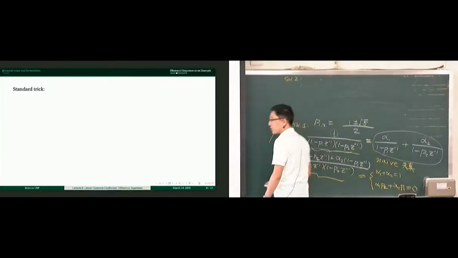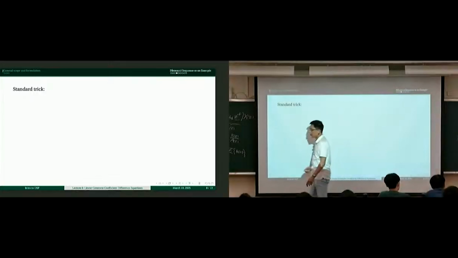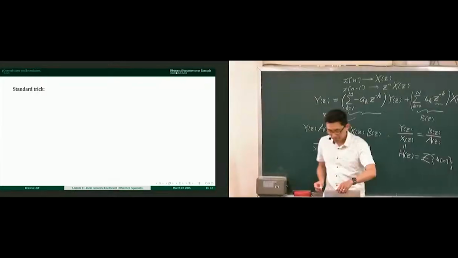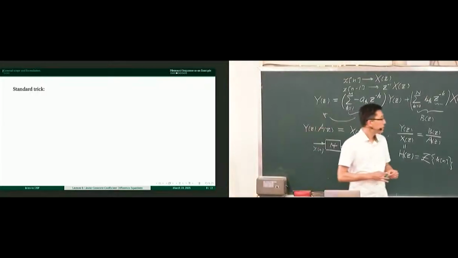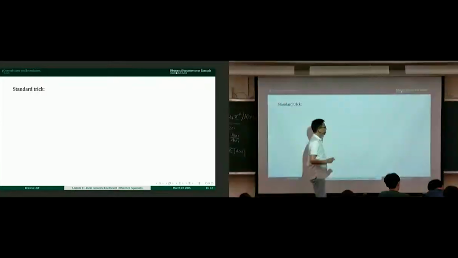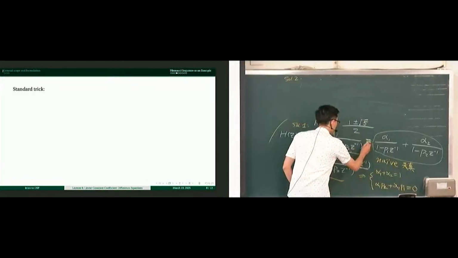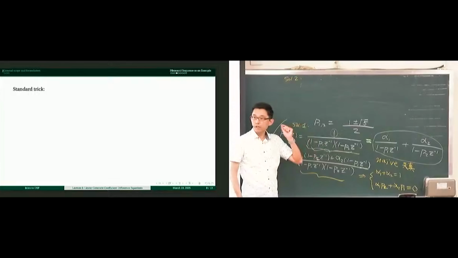Focus on this equality. Let me use another color. Solution 2 is to focus on this equality right here. And then let's multiply both sides of the equation by a factor.